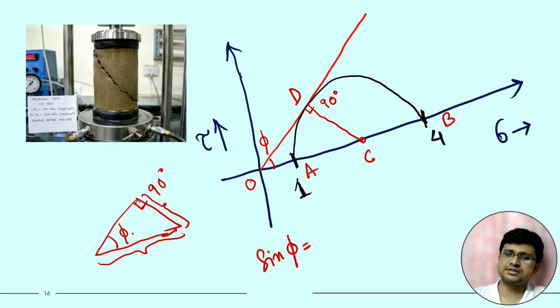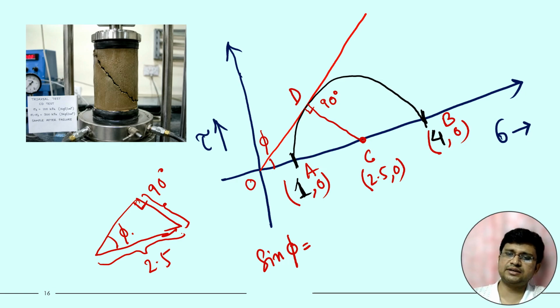For A point the coordinate is 1.0, for B point it is 4.0. C is in between A and B, so obviously it will be 2.50. So OC is 2.5. And how much is CD?